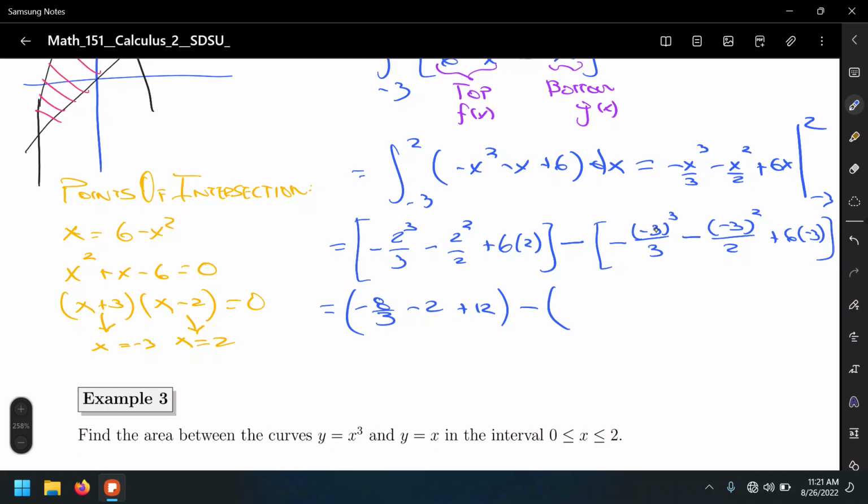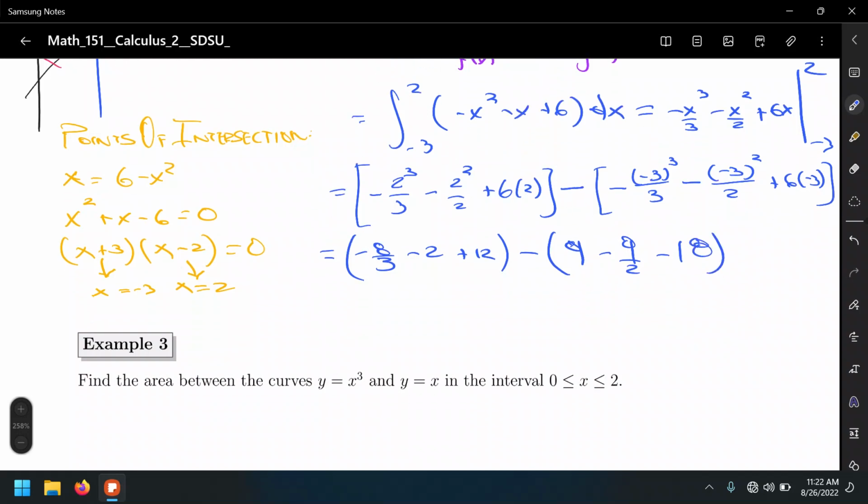So that's 27 over 3, which reduces to 9. And then over here, negative 3 quantity squared becomes positive 9, but because of the negative in front, it goes back to negative 9 halves. And 6 times negative 3 is negative 18.